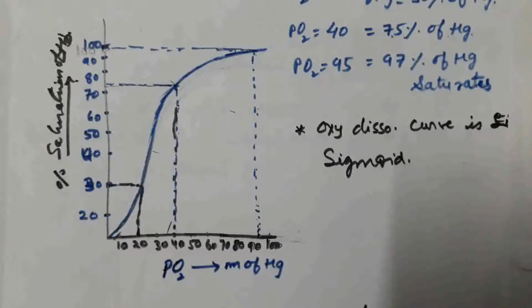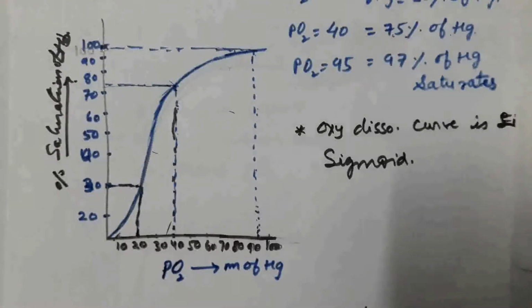As the acidic pH increases, it means pH decreases and it becomes more acidic, the curve bends towards the right. In a similar way, the oxyhemoglobin complex dissociates and percent saturation of hemoglobin decreases.